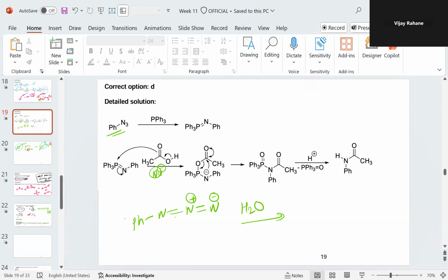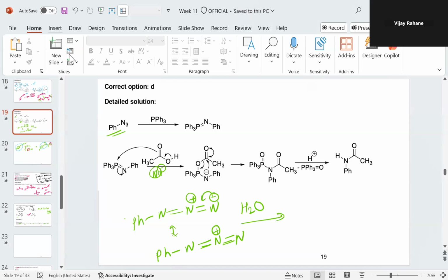So when you add water, what will happen? I will draw the possible structure again. This will be N, triple bond N, now this will be positively charged, and this is the resonance structure. That's the same.